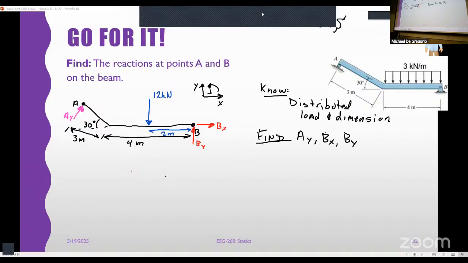So we're not calling it AX. I just called that AY, but you can call it whatever you like. But that force at A, there's an X component and a Y component, right? So you have to figure out how much goes horizontal because it's at an angle, right? That gets you a distance, but that's not getting you the angle, right?